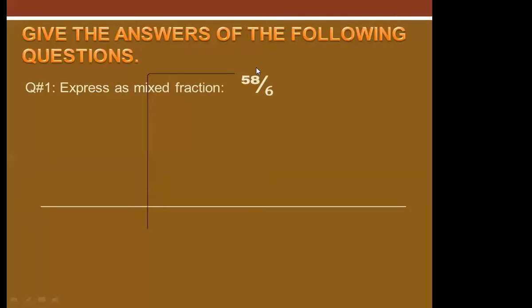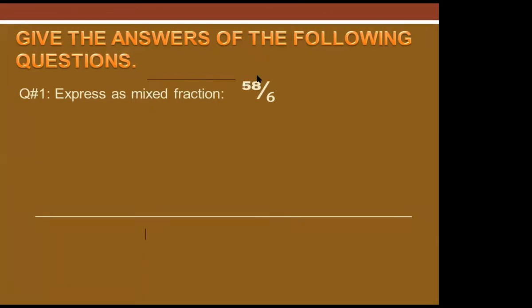Eleven whole 2 upon 6, Zain Fahim. 11 whole 2 upon 6. No. How, beta? Why 11? Beta, where are you others? Where are other students? Why is not everyone replying?